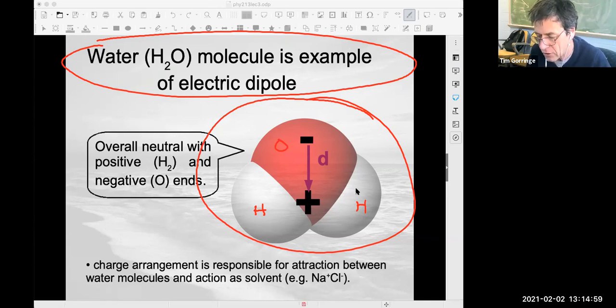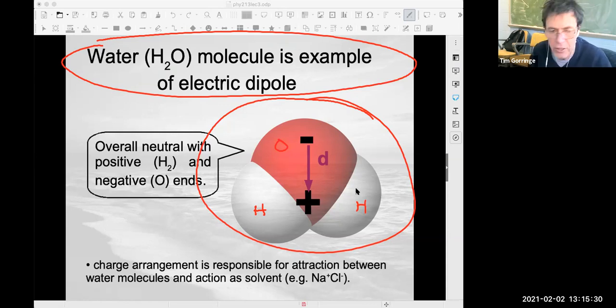So an electrical dipole is something that overall is electrically neutral, but has a positive end and a negative end that are separated by some displacement, some distance. Now, the water molecule is famous because it has a very big electrical dipole. It's the reason that actually it forms a liquid.